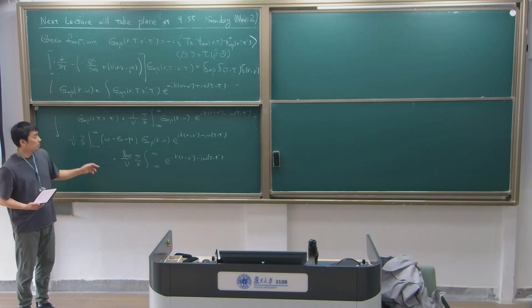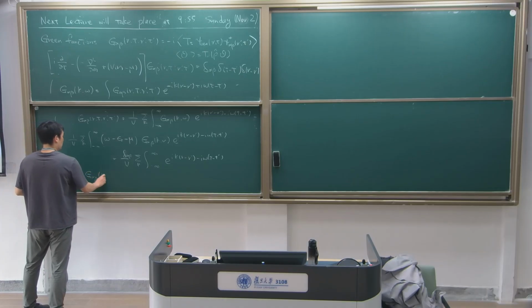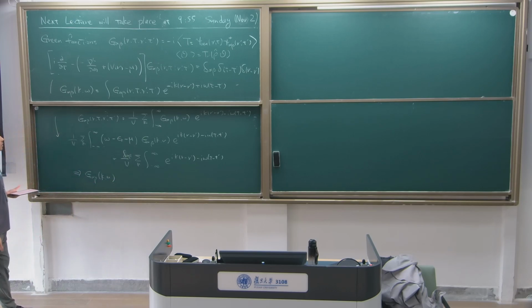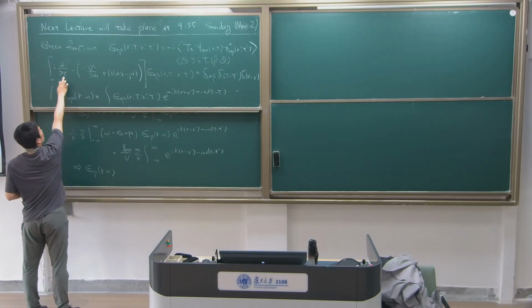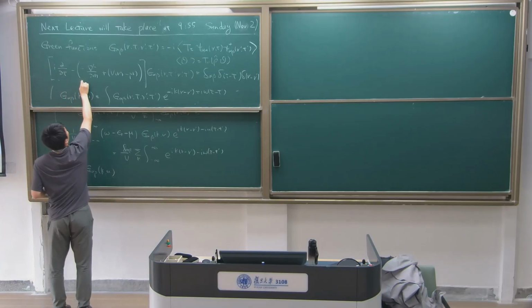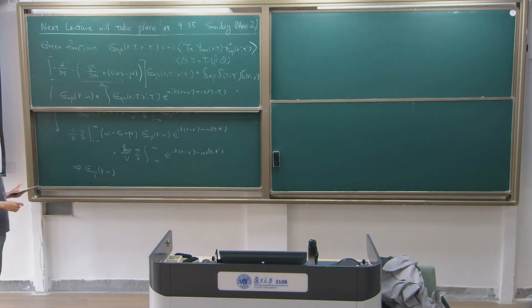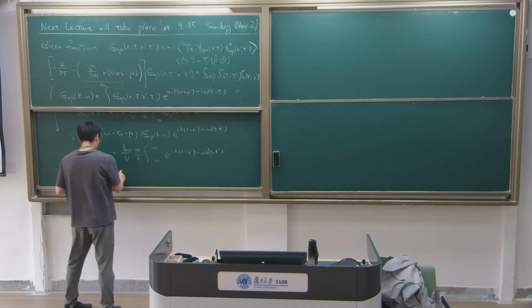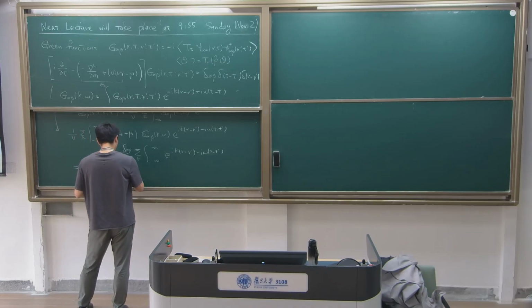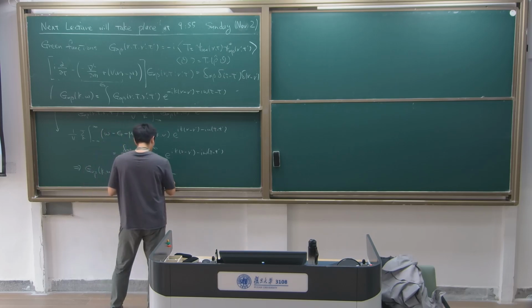So from here, for G alpha beta you just get omega. Note that the time derivative part will give you d_k minus d_k plus something like this, and you just need to add something here.